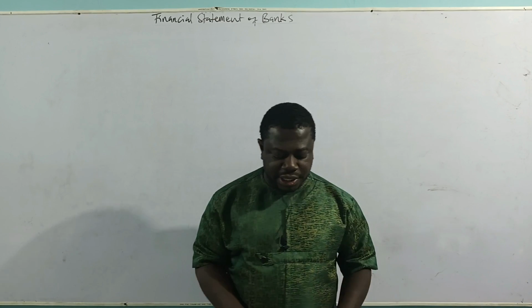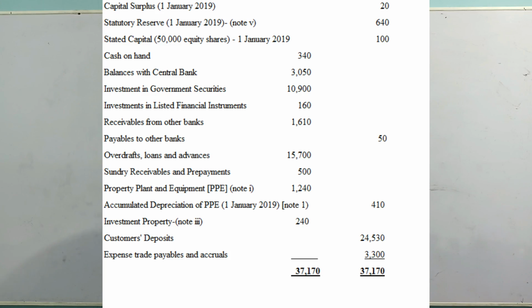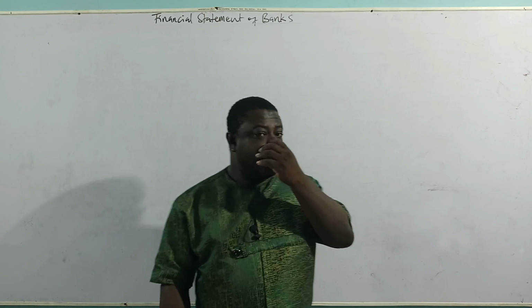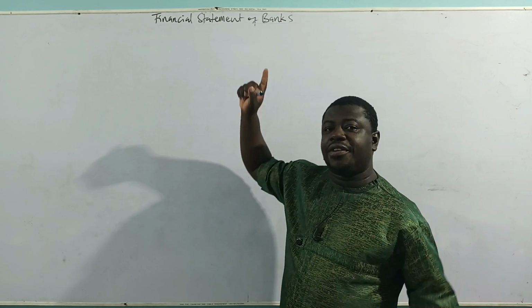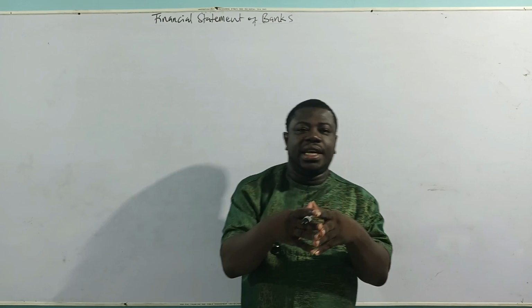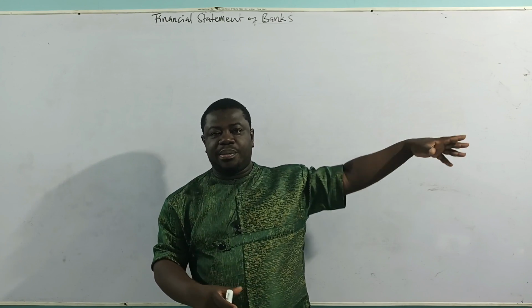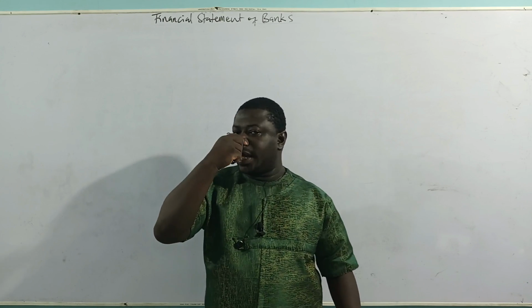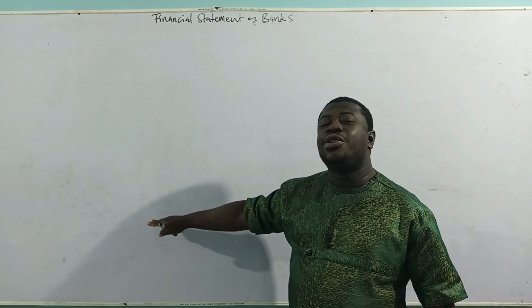In this trial balance, we have cash in hand of 340. Then we are also told that there is a cash balance with the central bank of 3,050. So on that first line where we have cash and short-term funds, we are going to combine both the cash in hand and the cash balances with the central bank together as one figure. And that means we need to do workings for it in the notes.